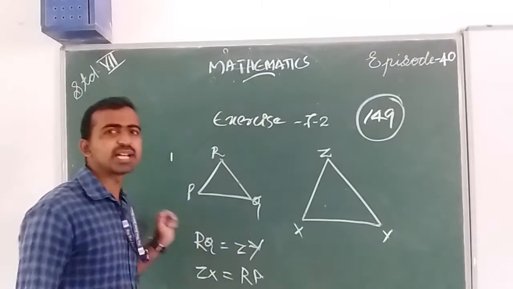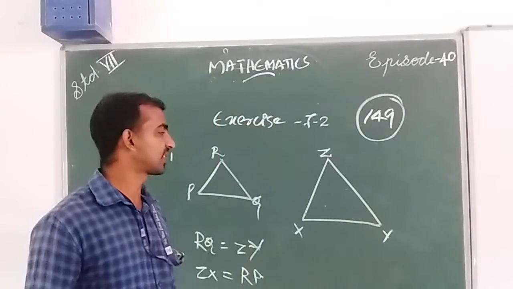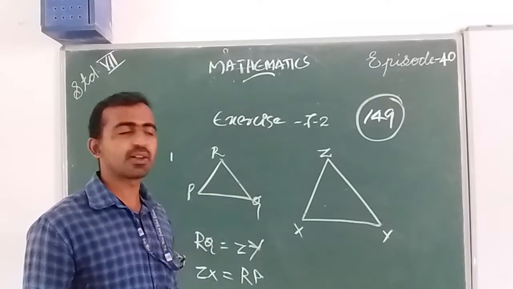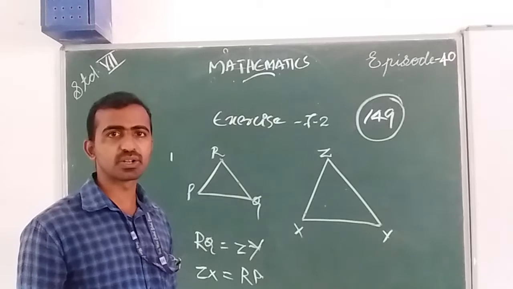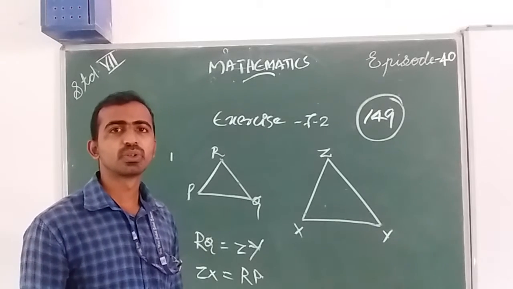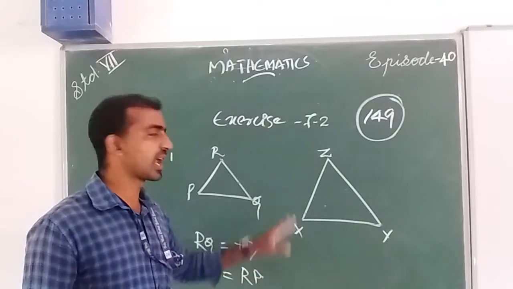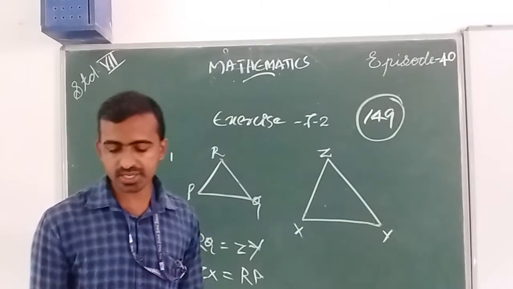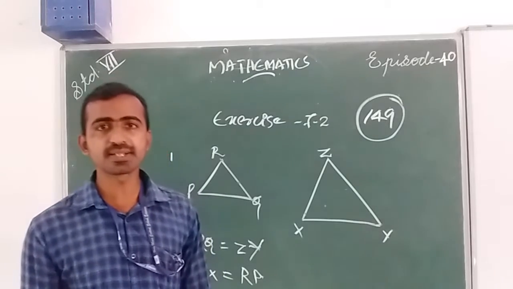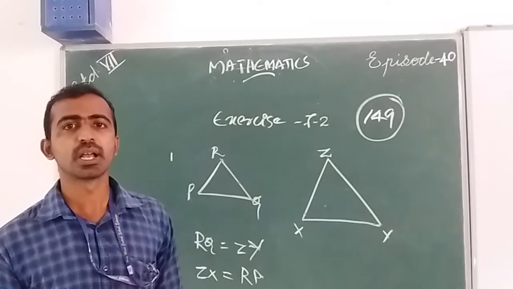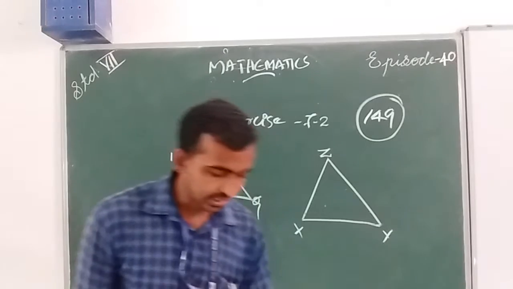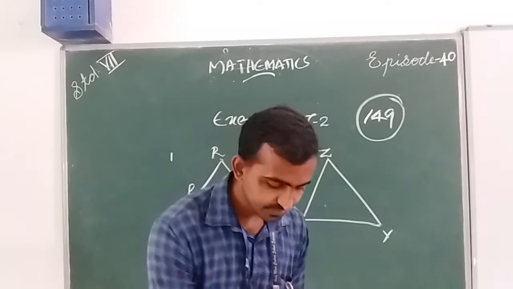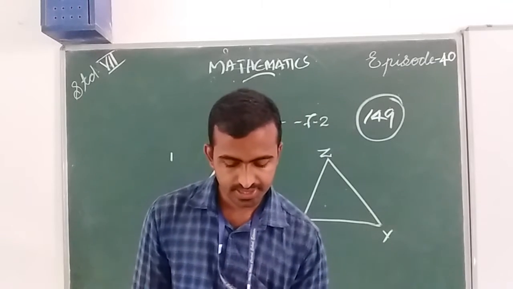That is, two sides and the included angle of a triangle are equal to two sides and the included angle of another triangle. So these triangles are congruent. Here we use the SAS congruence criterion. And the third, C part and D part, are for your homework.